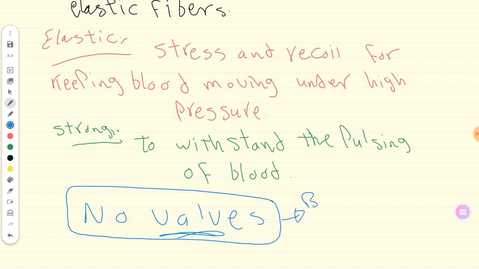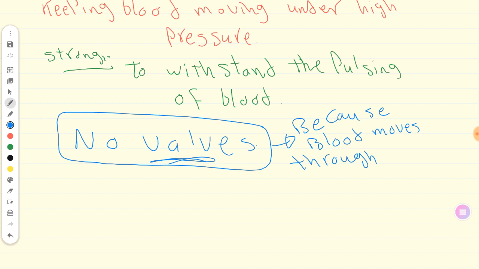Because blood moves through arteries with high pressure, so it doesn't require the presence of valves inside the arteries.